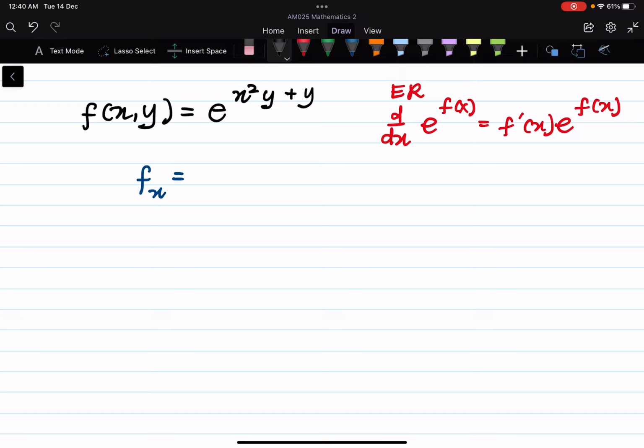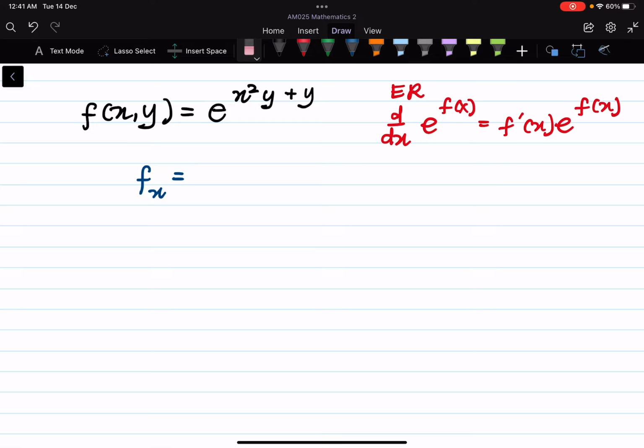So for e to the power of x squared y plus y, we have to differentiate the exponent with respect to x. If we differentiate x squared y with respect to x, this y is a constant.